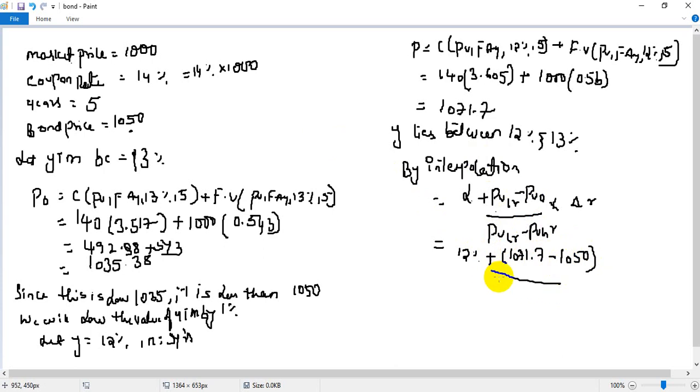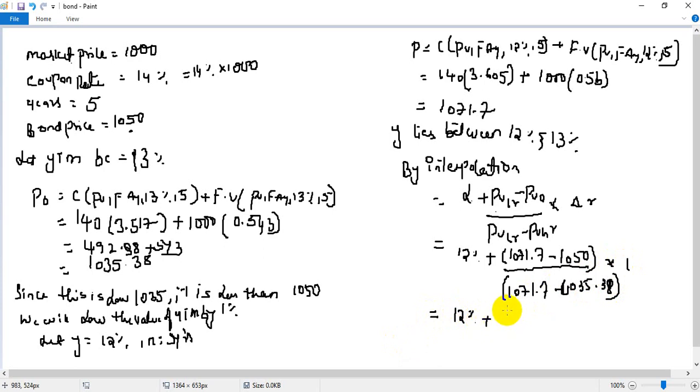So 1071.7 minus 1050, divided by 1071.7 minus the HR value you got, 1035.38, into 12 minus 13.